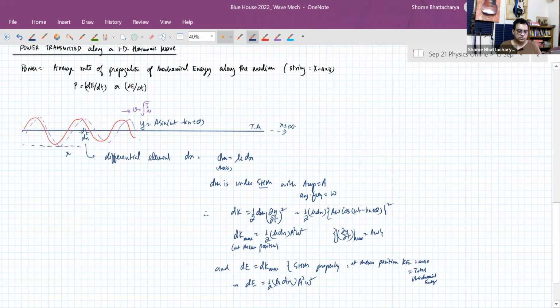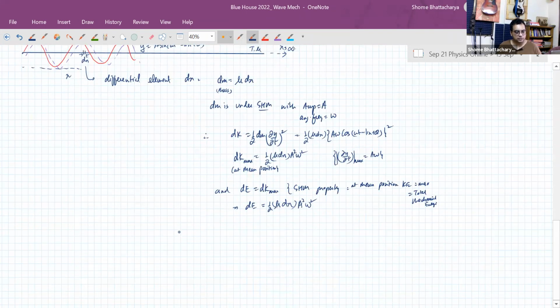Okay, so now the power transmitted is the rate of energy transmission. I can see here that dx by dt is nothing but the propagation speed along the x-axis.